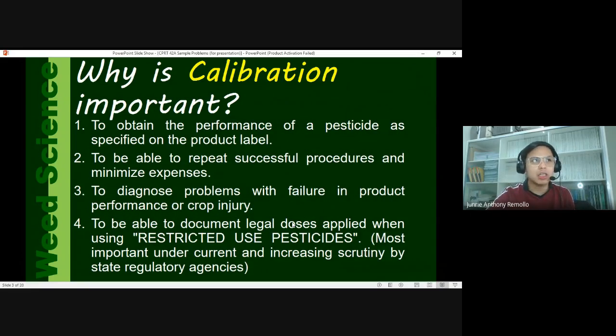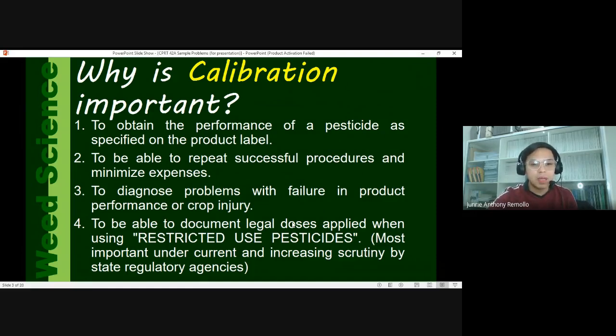Why is calibration important? First, in order to obtain the performance of a pesticide as specified on the product label, and then to be able to repeat successful procedures and minimize expenses. Because as we all know, herbicides are costly, especially in the case of farmers.